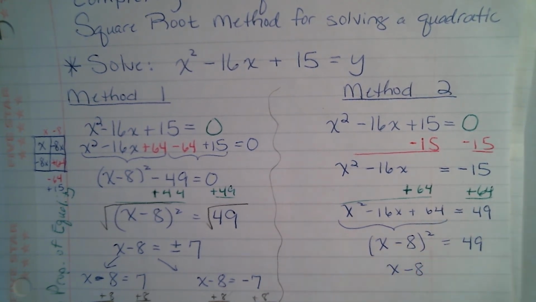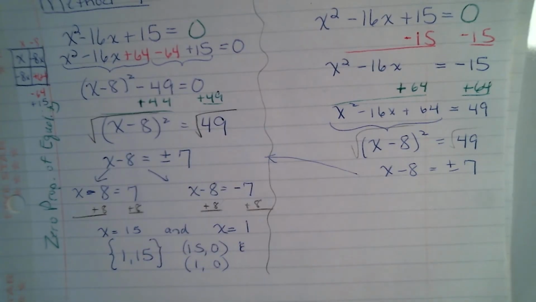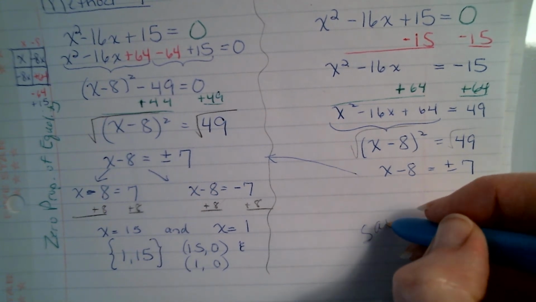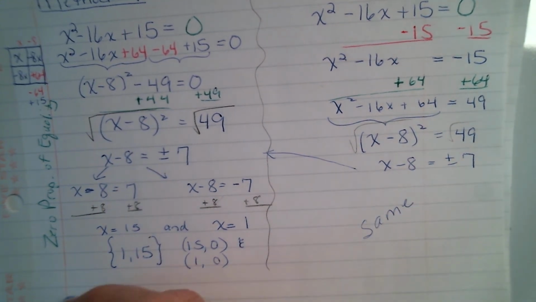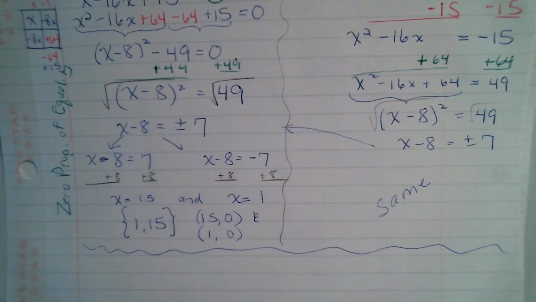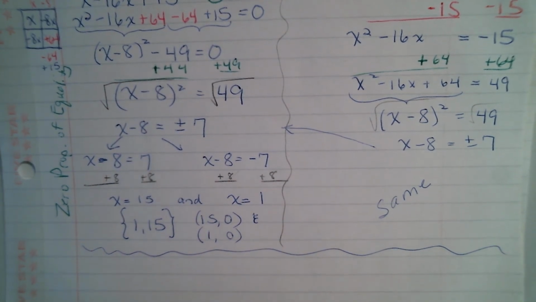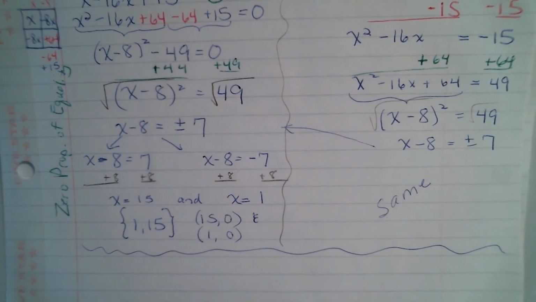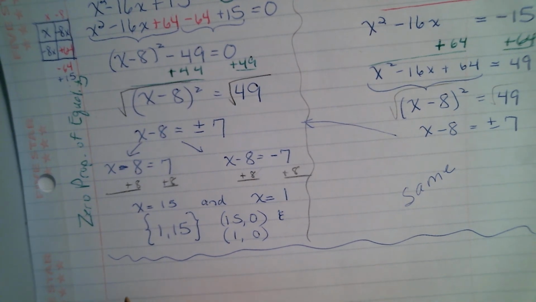I square root both sides. Now I'm at the same place as I was over here, right? So ditto. Okay. All right, my suggestion would be to stop right now and take a little break and then come on back and we'll do a couple examples together.